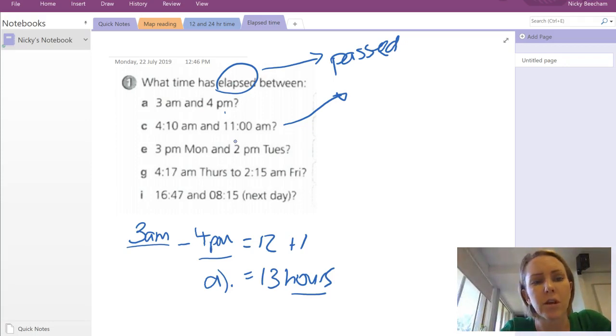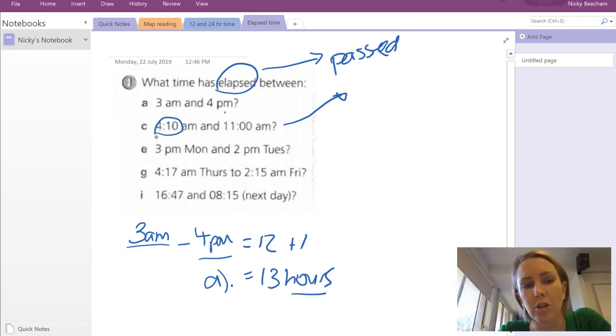So because this question involves minutes, okay, of the 10 minutes past 4 in the morning, there's a different way that you should do this, okay? You should break it up into sections and then add them all together at the end. So what I do, 4:10, how many minutes takes me to the next hour, okay?